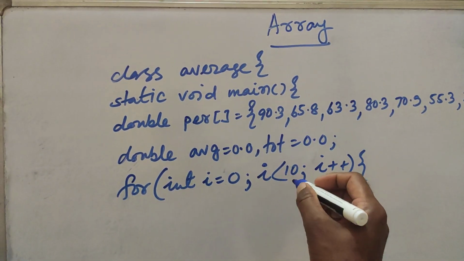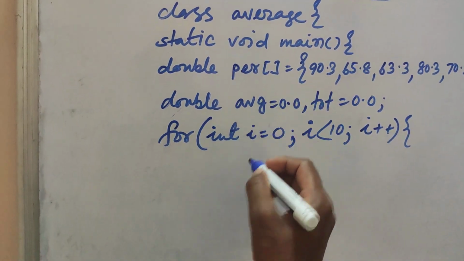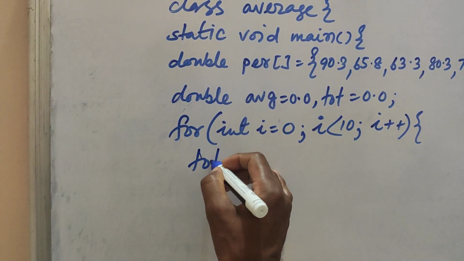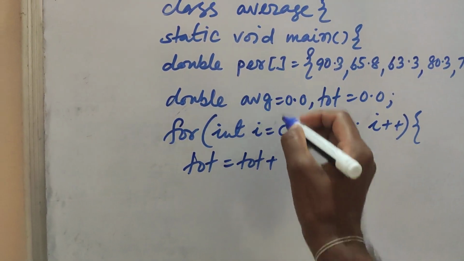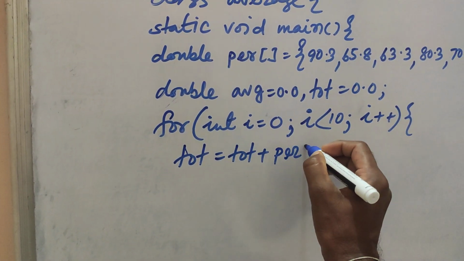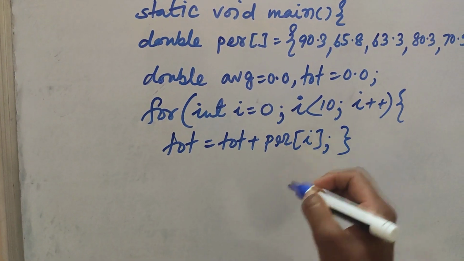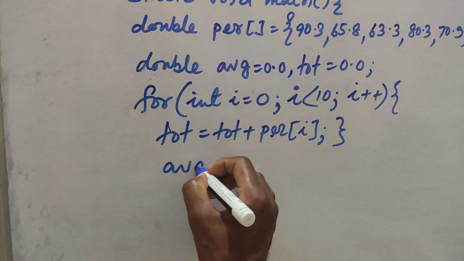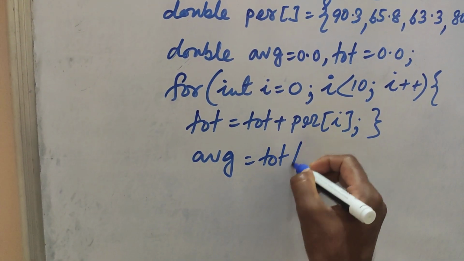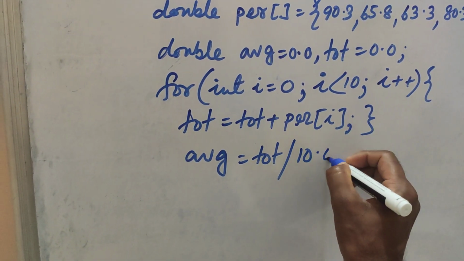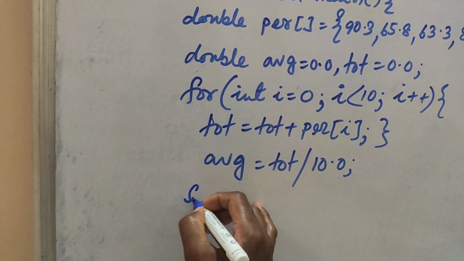That's why I take 10; equal to 9 you can also place. Now the total: tot equal to tot plus par of i. Tot complete. Now the average: tot by 10, since 10 values are there. This average is complete.